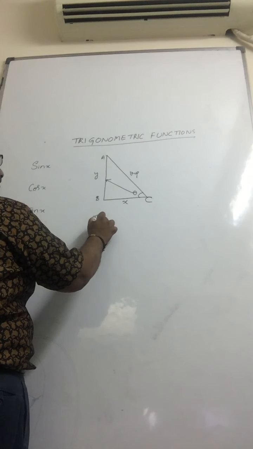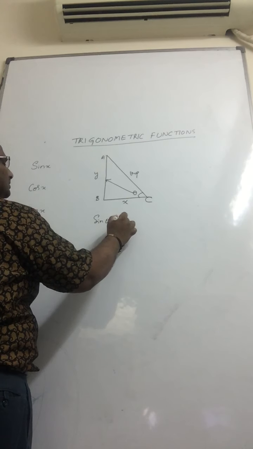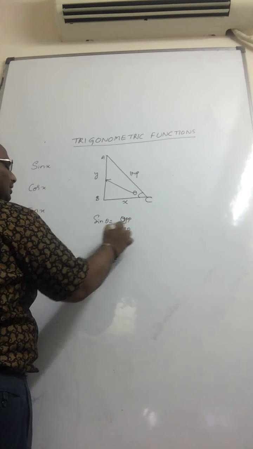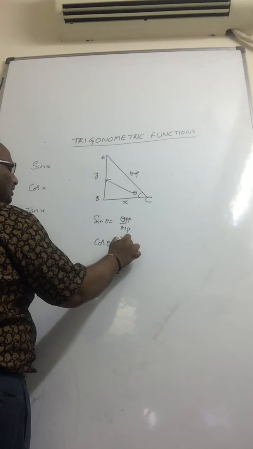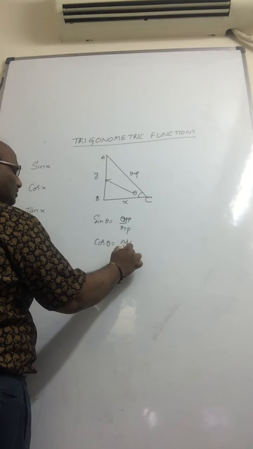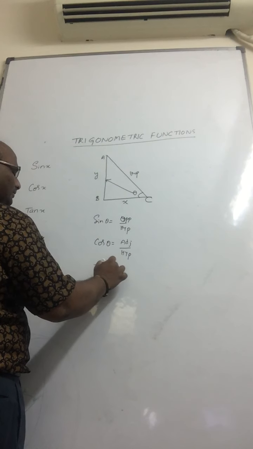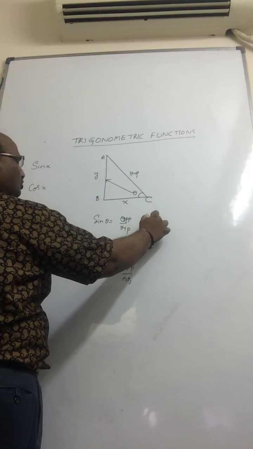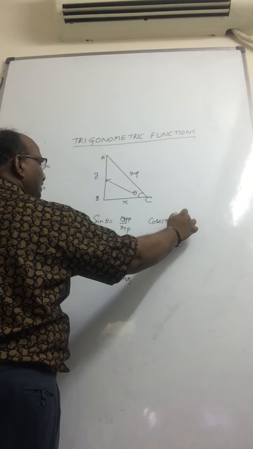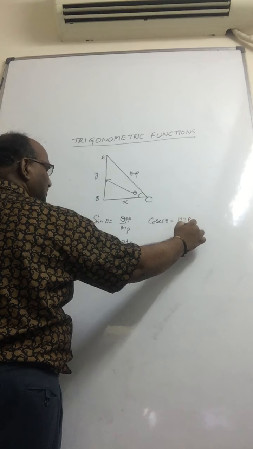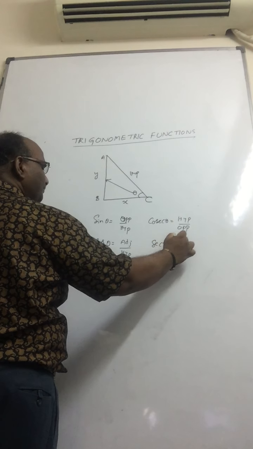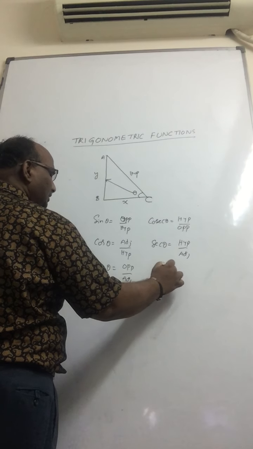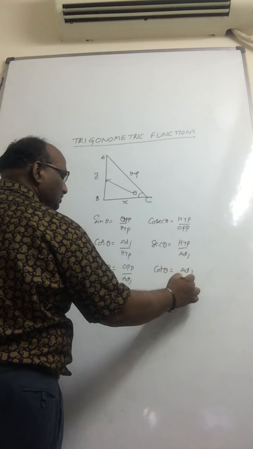So sin theta is opposite by hypotenuse, cos theta adjacent by hypotenuse, tan theta opposite by adjacent, cosecant theta hypotenuse by opposite, secant theta hypotenuse by adjacent, cot theta adjacent by opposite.